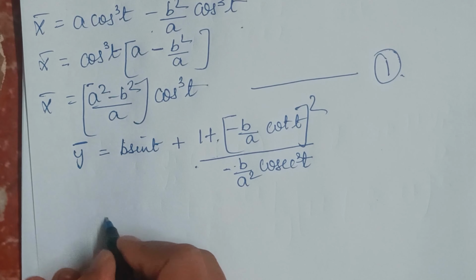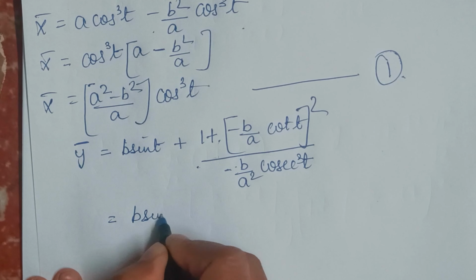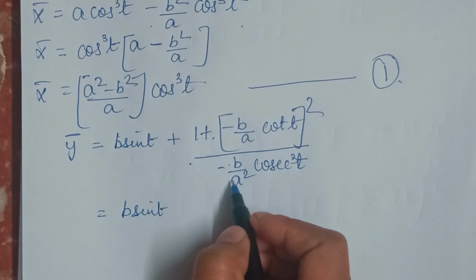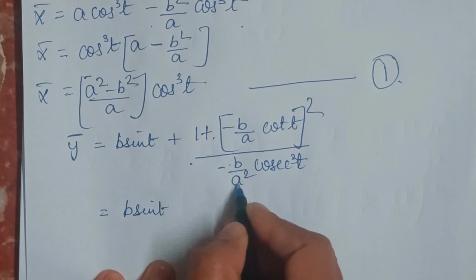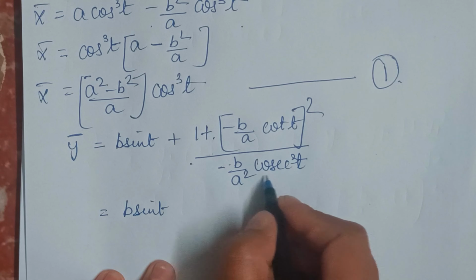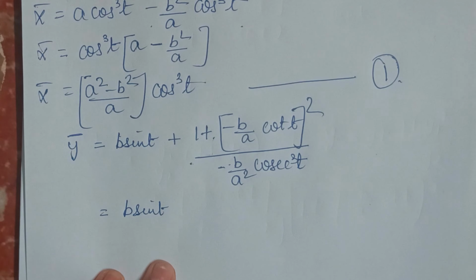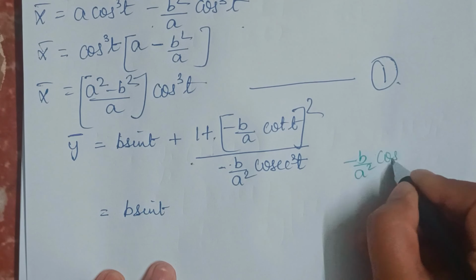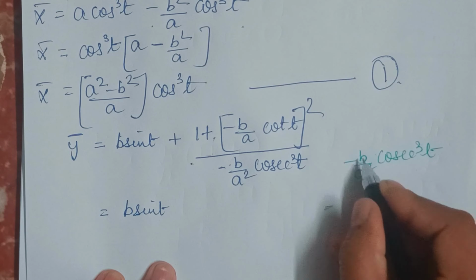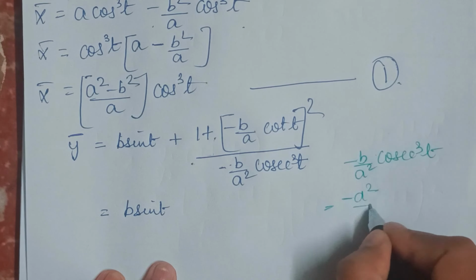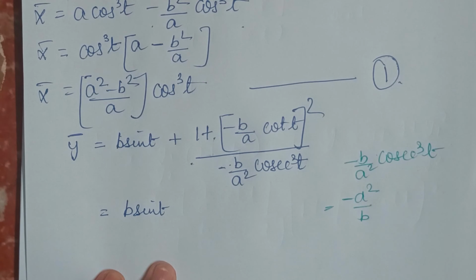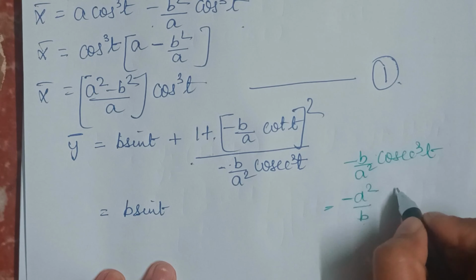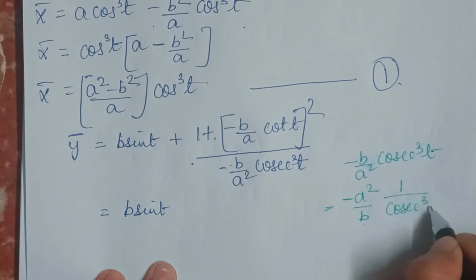Now what I can do is b sine t minus, here I can just take the reciprocal of this. So if I take the reciprocal of this, it will become minus b by a square cosecant cube t, which will become minus a square by b, and 1 divided by cosecant cube t.